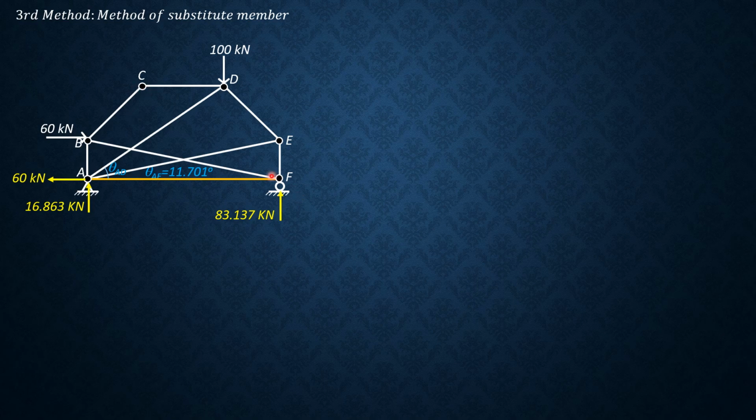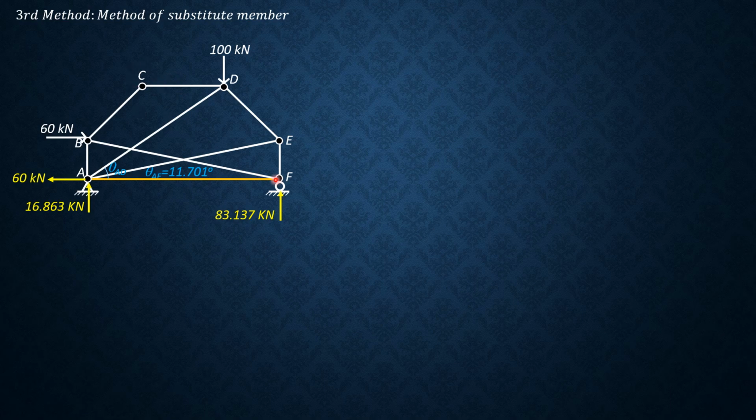For example, at joint C, we select CF to be the member to be replaced with another member AF. So I transfer CF to AF. The advantage of that is at C there's no load, so automatically BC and CD will be zero force members.